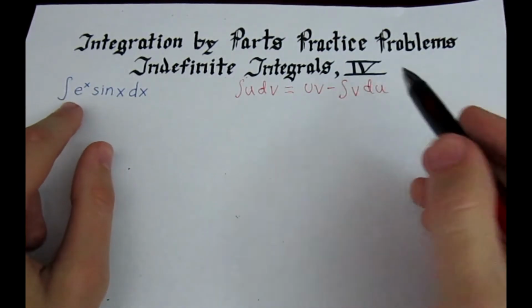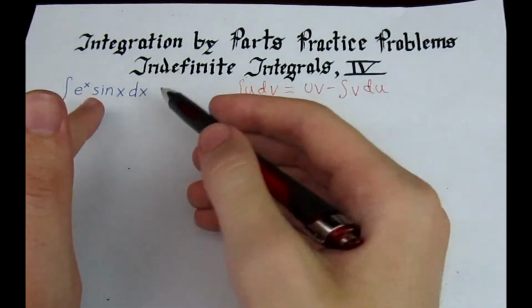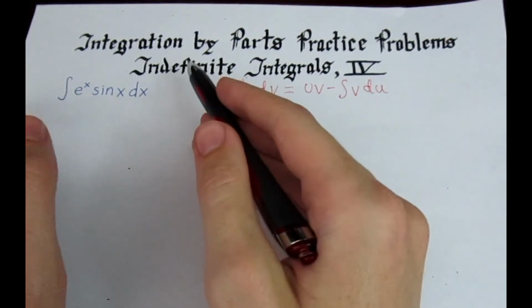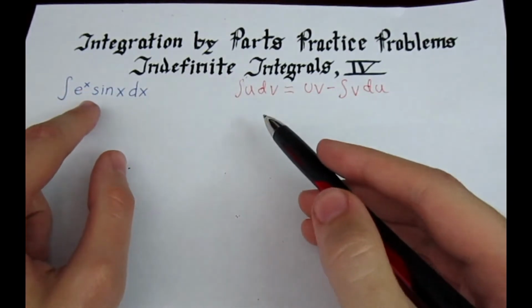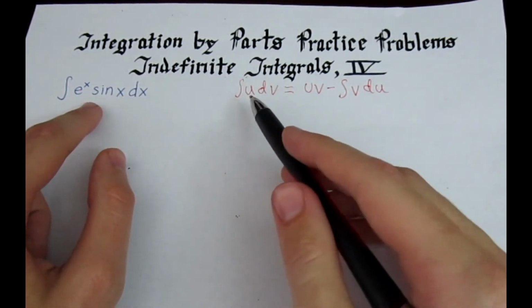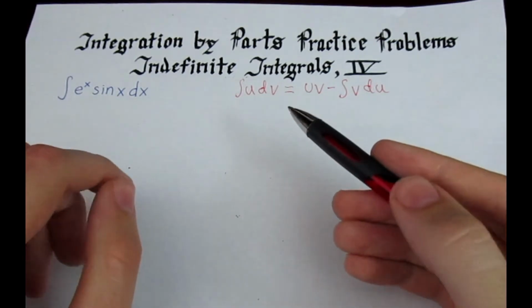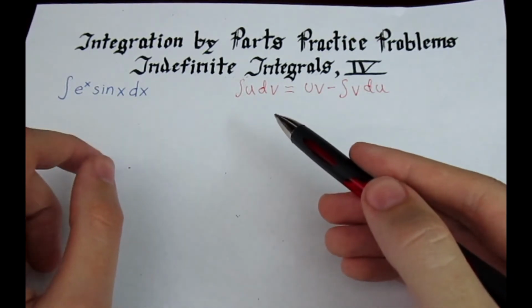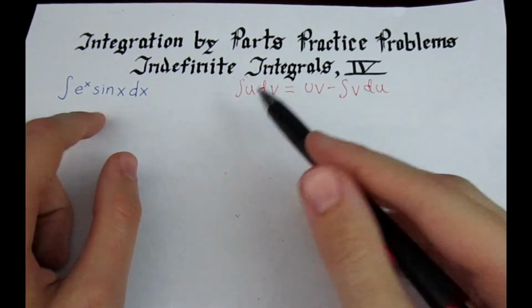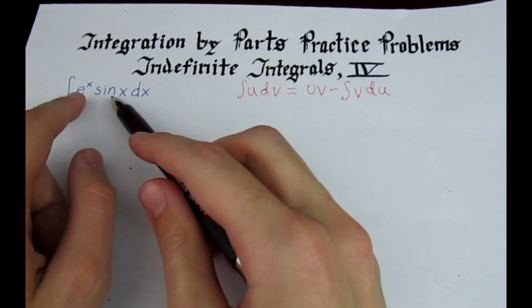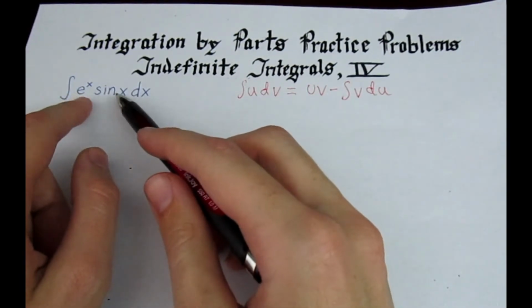Well, that's great, but what's the u and what's the dv? Well, that's for us to pick out. We want our u to be something that we can differentiate easily, and our dv to be something that we can integrate easily. And in this case, both would work, actually.